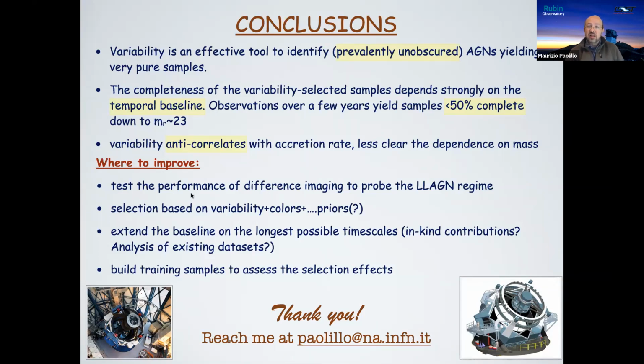So I would try to improve on difference imaging, to look at selection based on variability plus color, plus other priors, as Gordon was saying. Demetra is trying to do some of that, at least on the VST data, and extend the baseline on the longest possible time scale. So these profits of in-kind contribution and the proposal from the science collaborations.